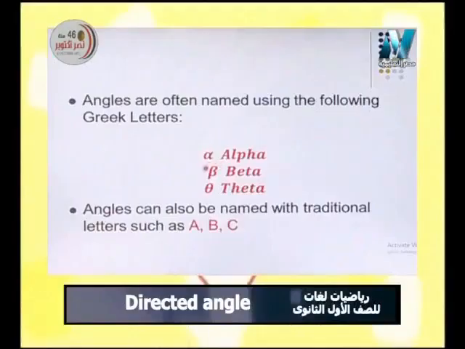We call this symbol alpha, this symbol beta, and this symbol theta. Alpha, beta, theta. And sometimes we use the original or traditional letters A, B, and C.